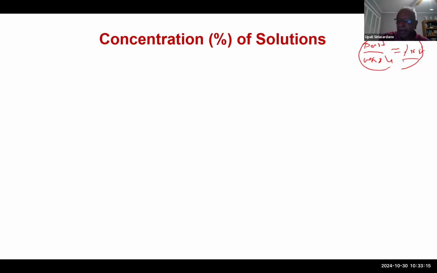That fraction multiplied by 100 is called percent. How do you get a percentage? You take the part of the component and the total of everything in the solution, part divided by total, multiplied by 100.